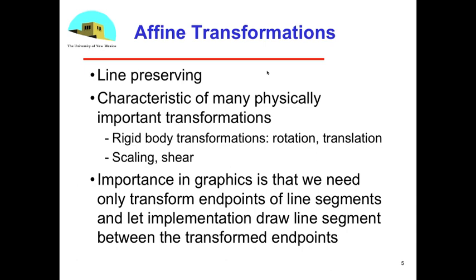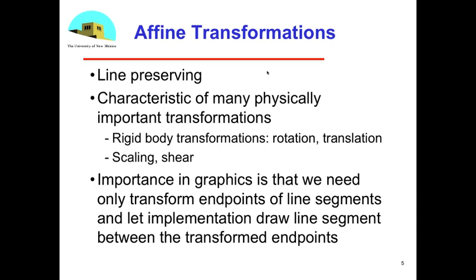Now, rotation and translation are called rigid body transformations, because if you start with a solid body and you rotate it, you don't really change anything about that body. All of the relationships on that body are the same. Same thing in translation. If I pick up an object and I move it somewhere else, I'm not changing anything about that object, although rotation and translation are going to tell me exactly where that object is once I've rotated it or translated it.